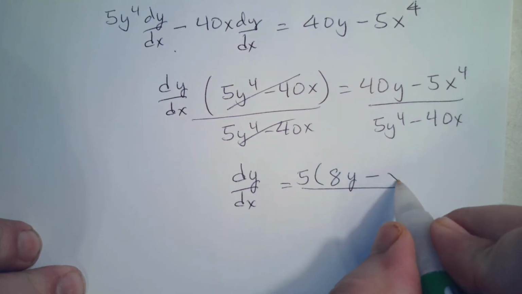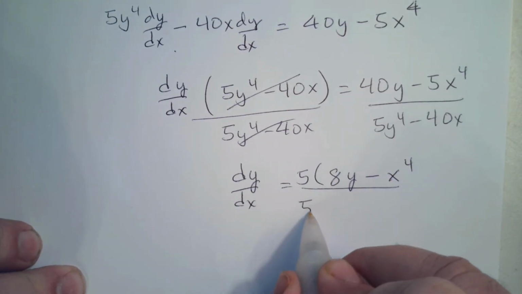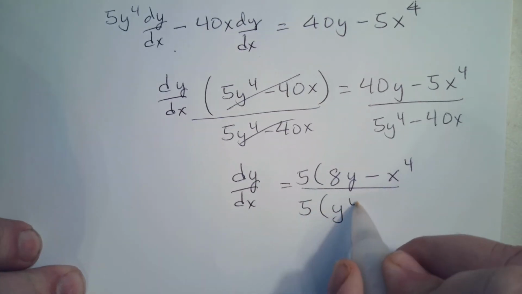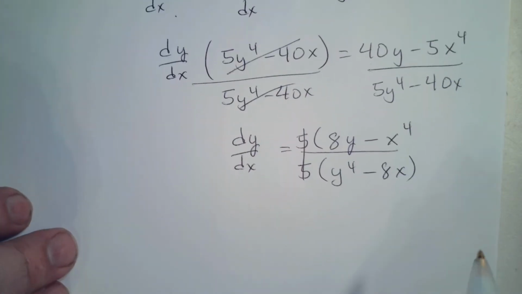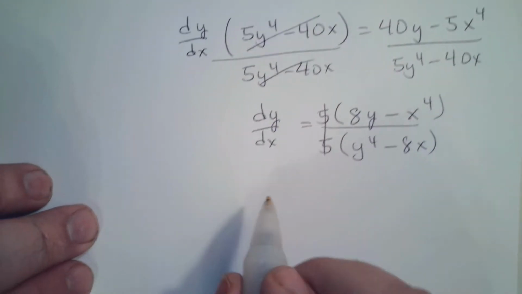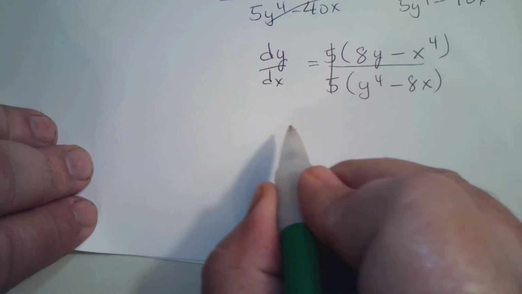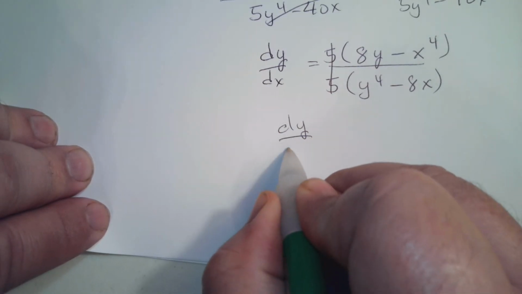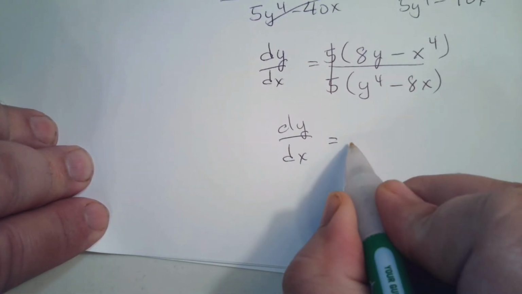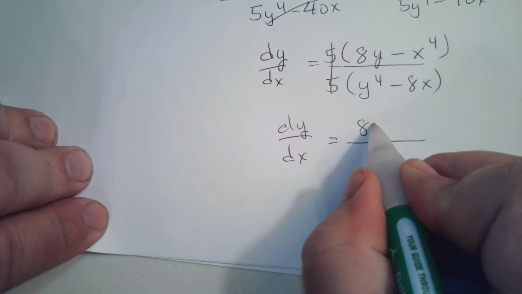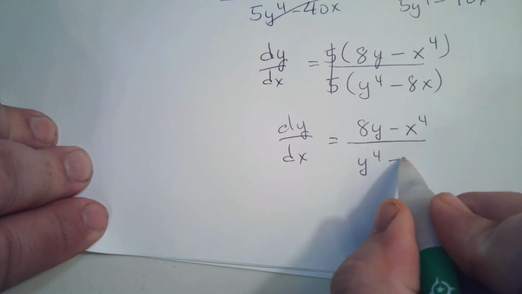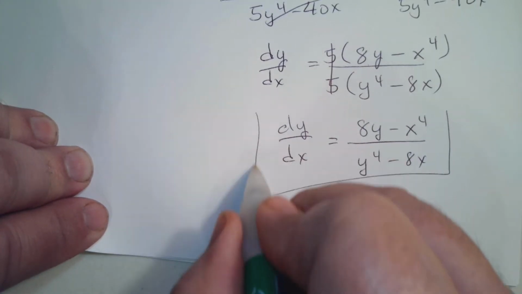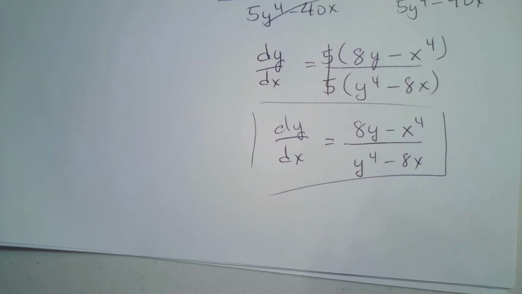That 5 is gone. y to the 4th minus 8x. So that's my answer. 8y minus x to the 4th over y to the 4th minus 8x. There. That's number 2.